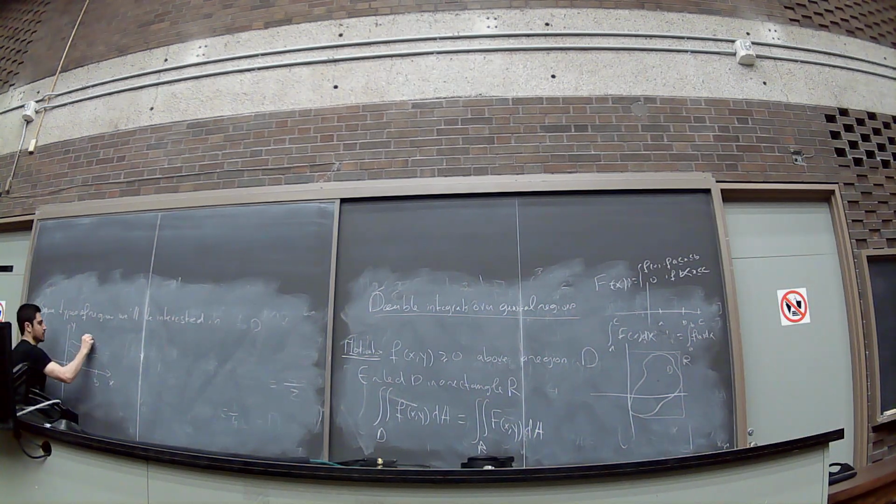And this is say f1 of y, and this is f1 of x, and this is f2 of x. So a type of region we'll be interested in is just f1, y.